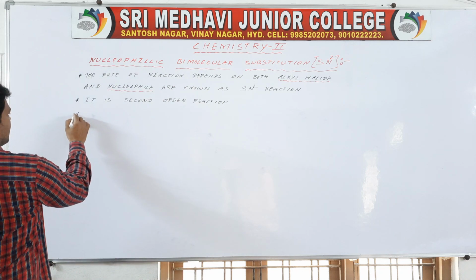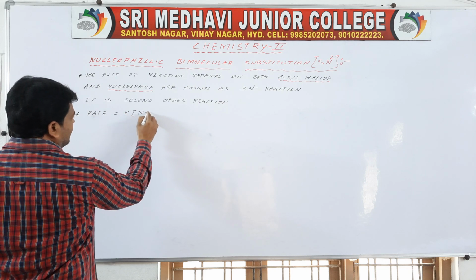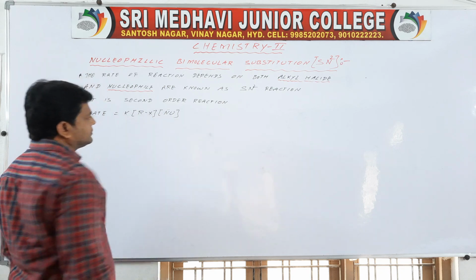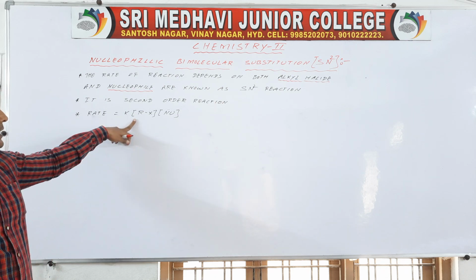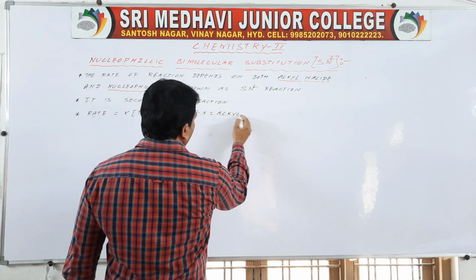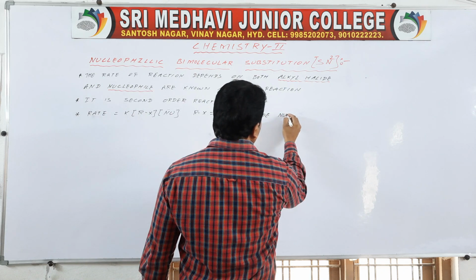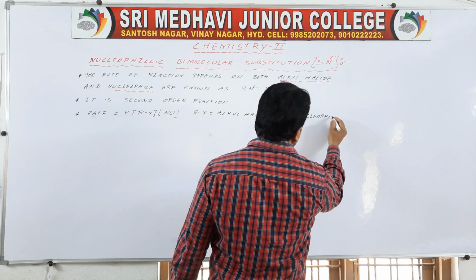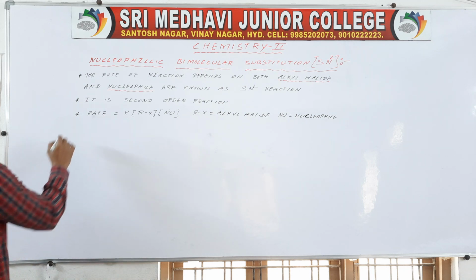See here, rate is equal to k into [RX] [Nu], where RX is the alkyl halide and Nu is the nucleophile. The rate depends on both RX, alkyl halide, and nucleophile.